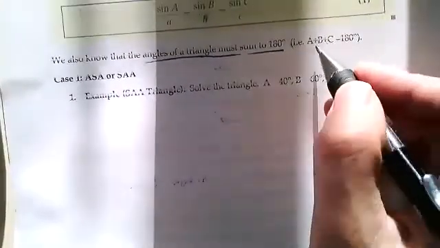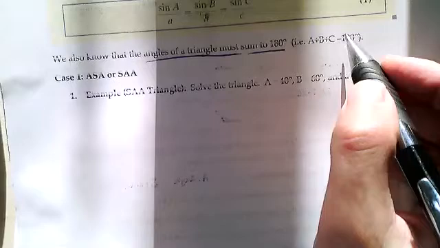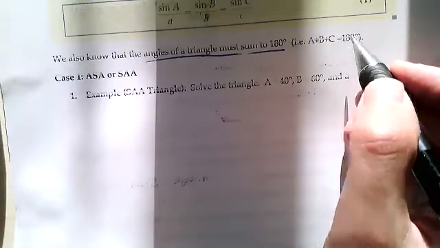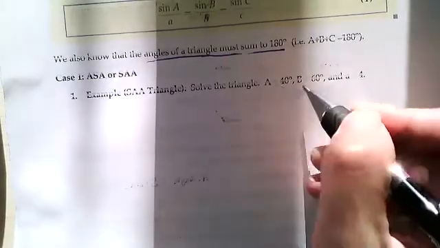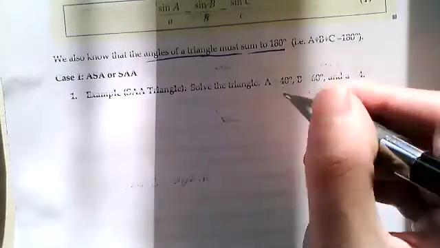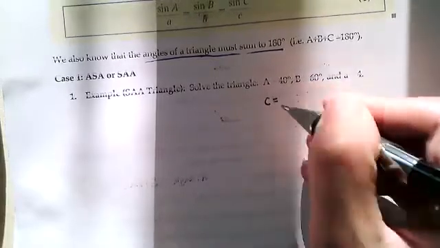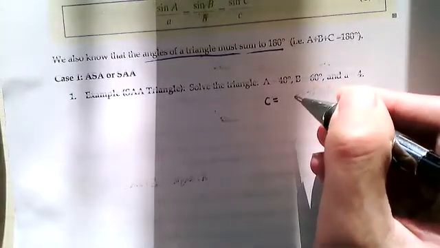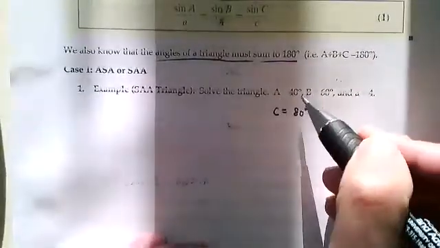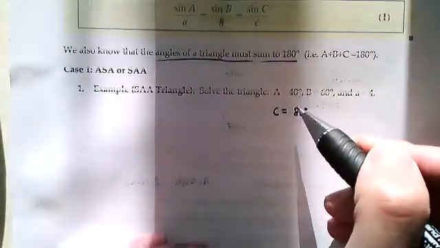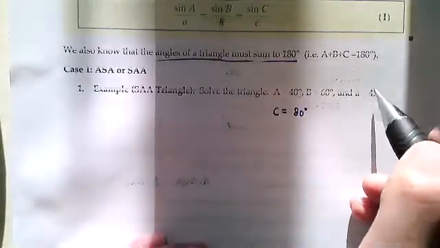Well, let's see. A, B, C add up to 180 degrees. You know A, you know B. Can anyone tell me what C is? It would be 80. Very good, 80 degrees. So now you know A, B, C, and you know lowercase a.